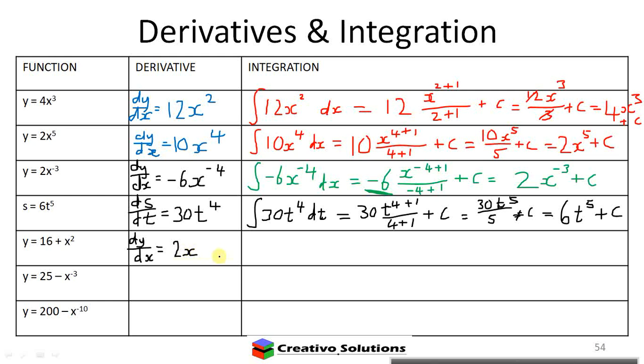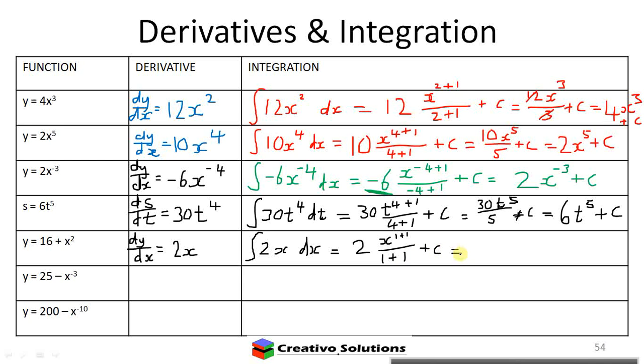Exactly, okay. And that's why the plus c is there, because the c could be anything. Okay. So integrate 2x.